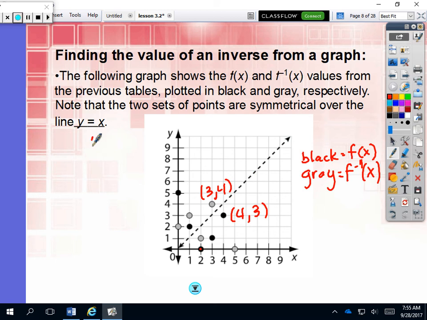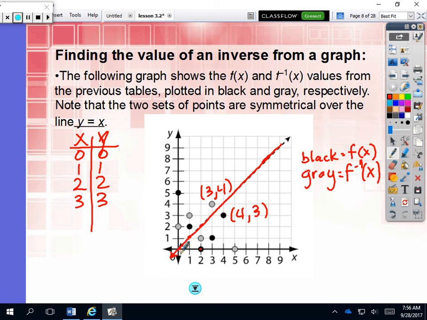Well, the line y equals x just has the points where all the x's and y's have the same value. So notice 0, 0, 1, 1, 2, 2. So if you had to plot it, you could just plot a couple points and just draw a line through it. We're going to have to do that for this unit.